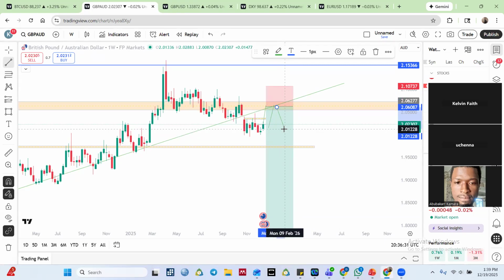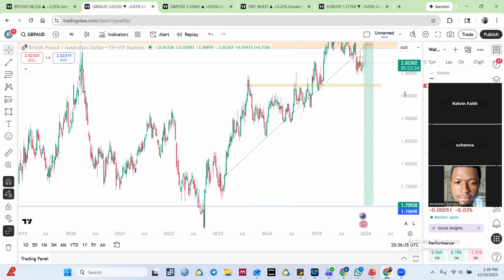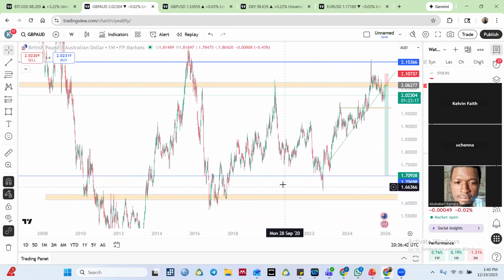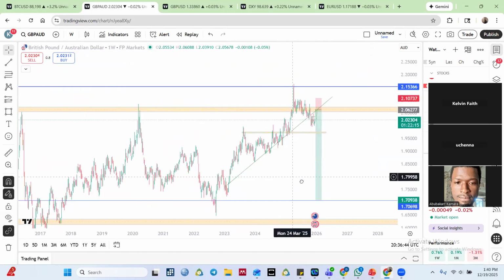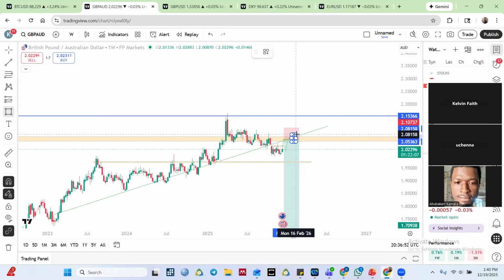If we are able to see that, we can sell the market and target the next area where buyers were active, which is exactly where I put this blue line, this area. Okay, so that is it. But if the market is able to push up and it gets here and still goes above this level, then it means the buyers will now take control over the level.